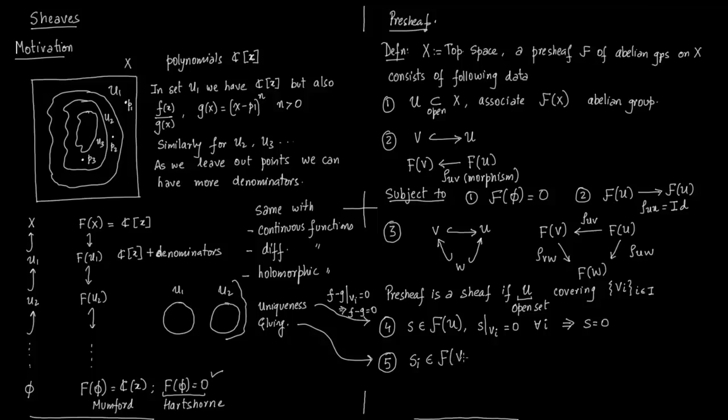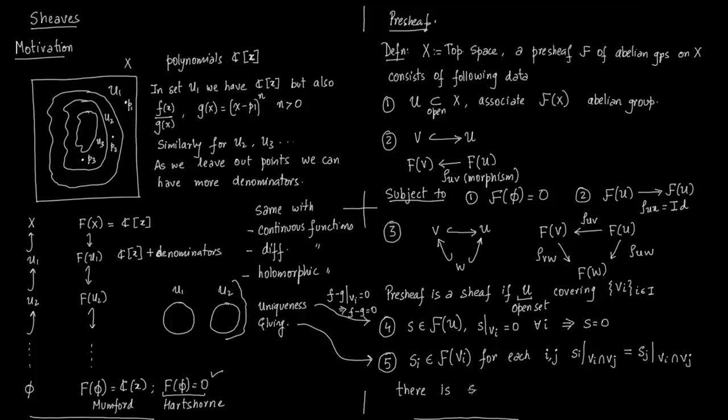So say Si is an element of the abelian group F(Vi). Then for each i, j, if these functions agree on intersections, then you can glue them together to construct a global function S. So on the intersection of the covers, the function agrees.